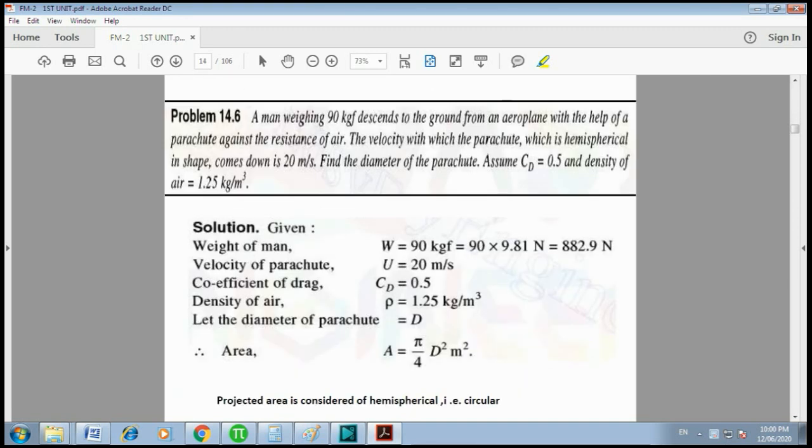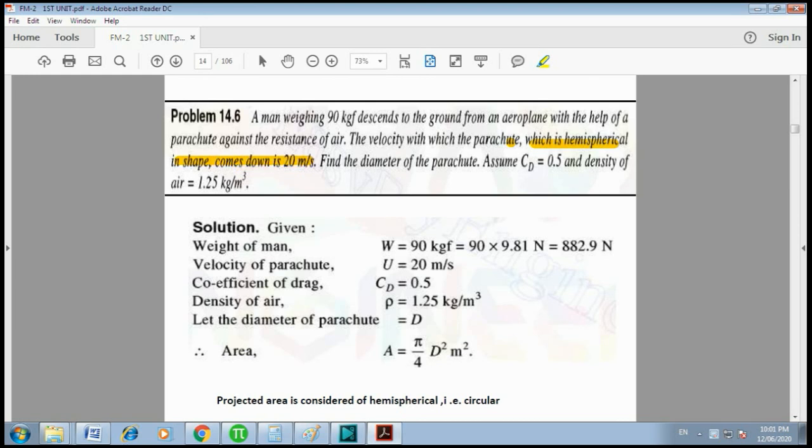A man weighing 90 kgf, kgf means kilogram force, descends to the ground from an aeroplane with the help of a parachute against the resistance of the air. The velocity with which the parachute, which is hemispherical in shape, comes down is 20 meter per second.